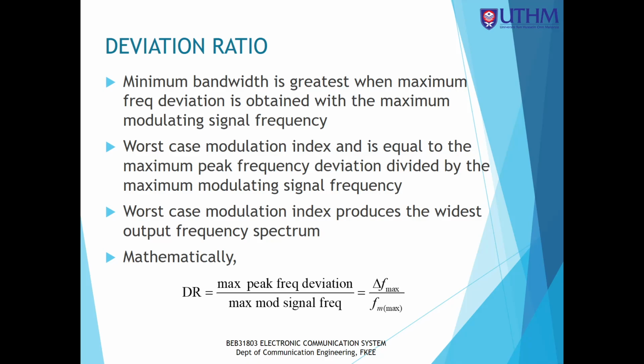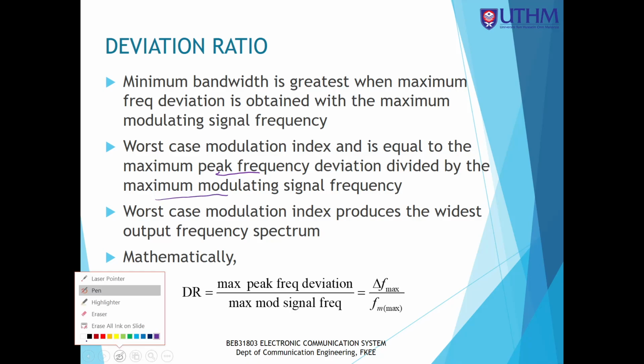So deviation ratio is the worst case modulation index and is equal to the maximum peak frequency deviation divided by the maximum modulating signal frequency. This is the worst case modulation index that produces the largest bandwidth.